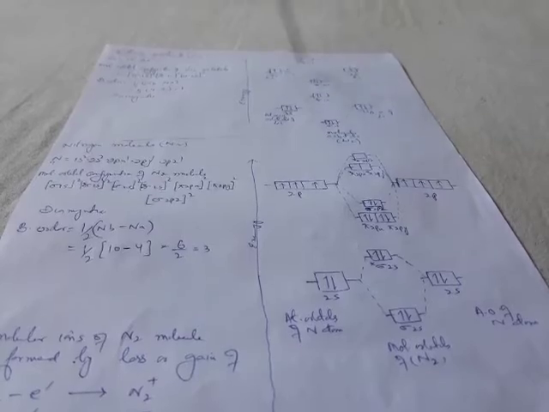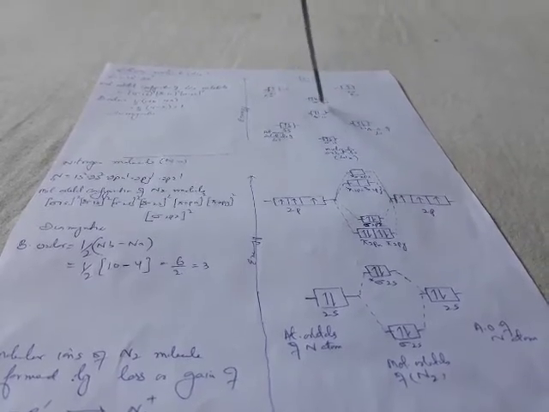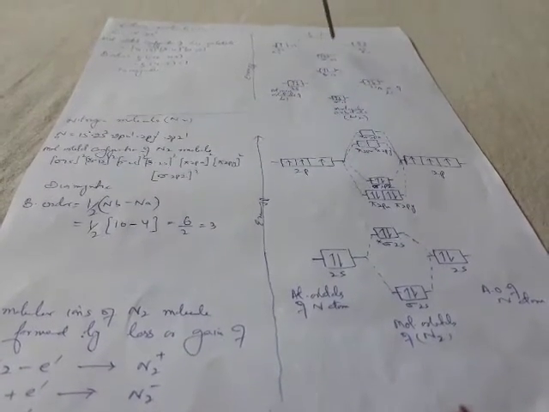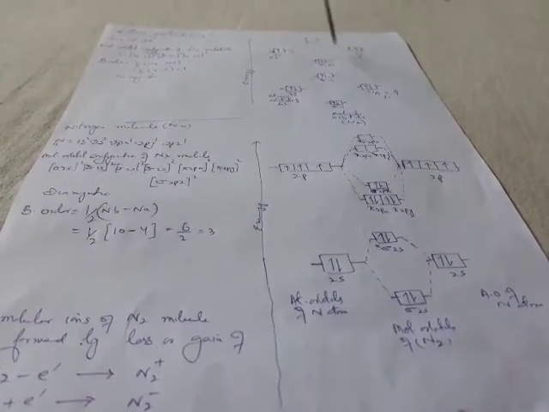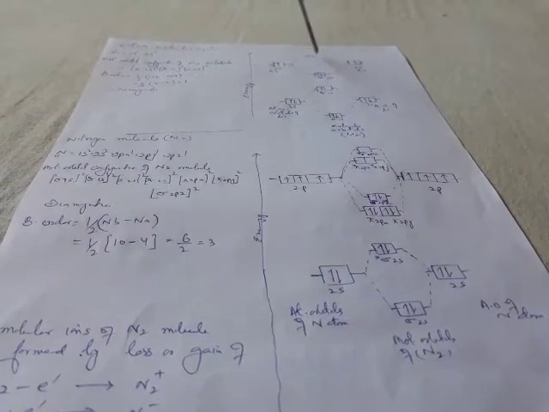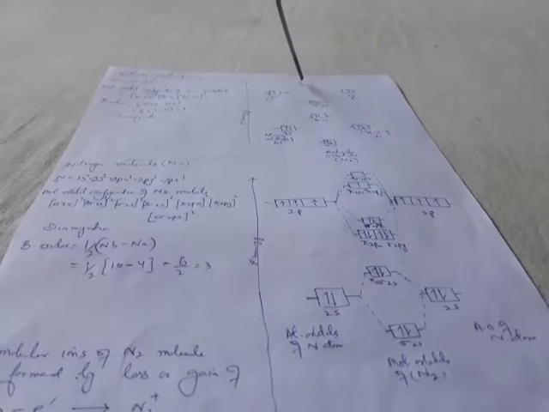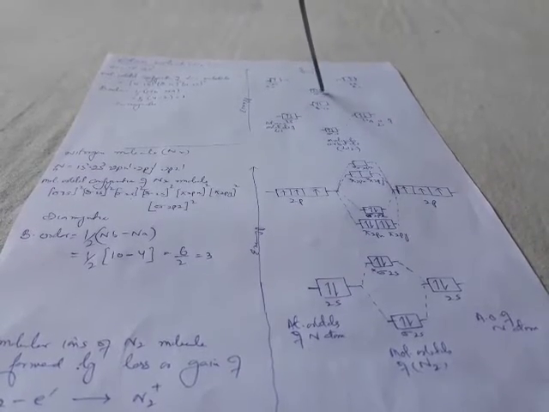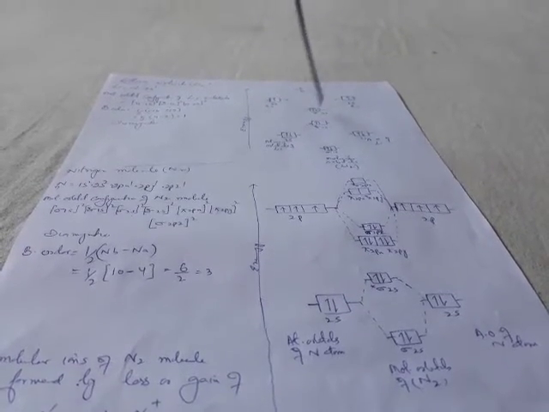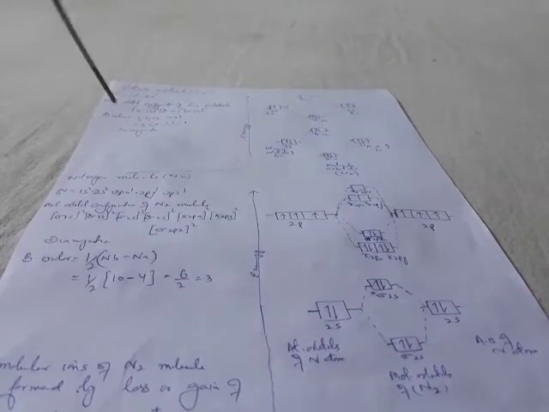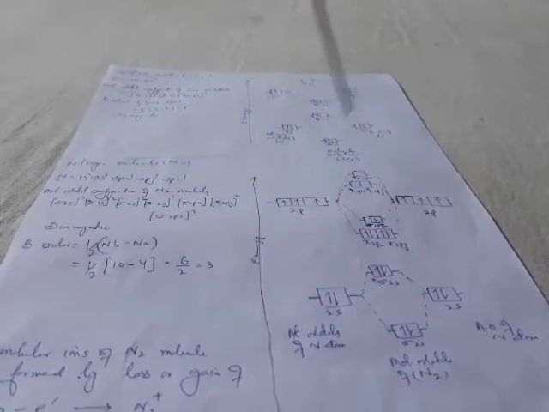Since we have 2 electrons, both will be filled in the sigma 2s bonding molecular orbital. The antibonding molecular orbital sigma star 2s has very high energy, so electrons will occupy the bonding molecular orbital.